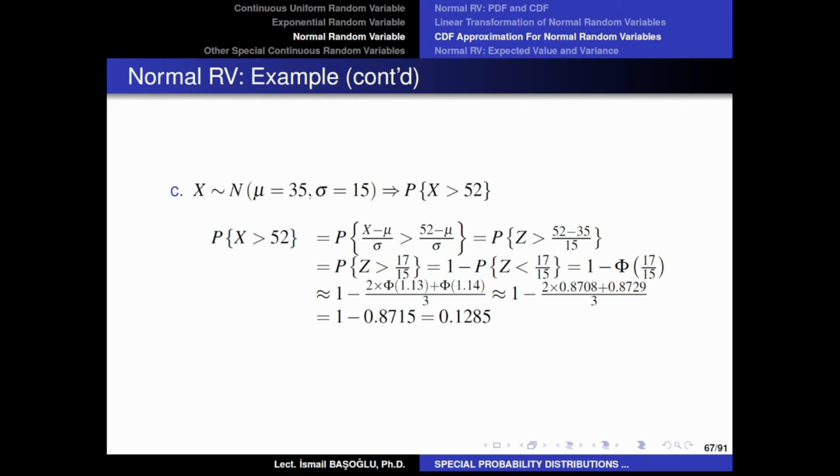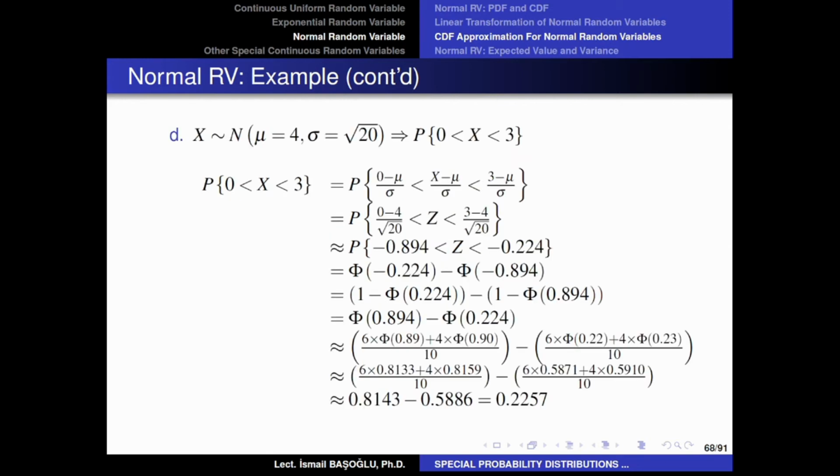And finally, for the last part of this question, we have a normal random variable with location parameter equal to 4 and scale parameter equal to the square root of 20. And the question is asking the probability of X to be between 0 and 3. So this time we have an interval probability being asked. What do you do? You are going to standardize. How?